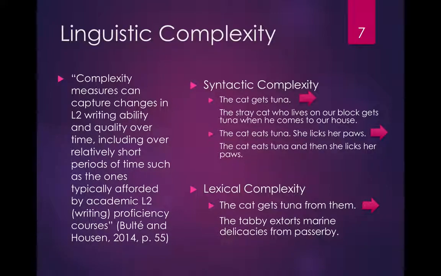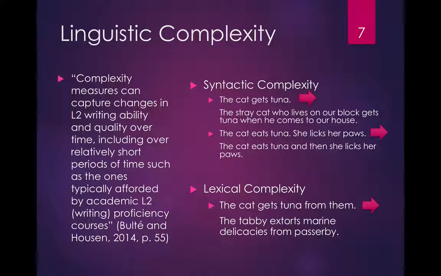I also envisioned that their writing would become more lexically complex. So if we take a very similar sentence to the previous example, you'll see I have the cat gets tuna from them. There we have very frequent lexical items that would be known to most beginning level language learners.